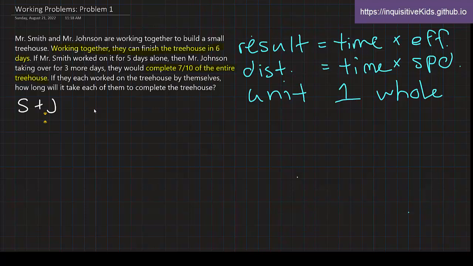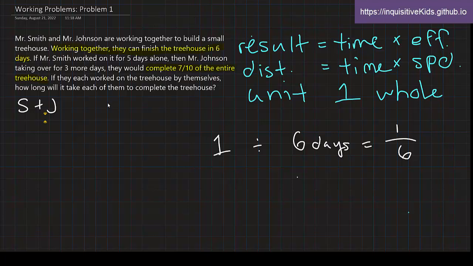So we know that added together, they can finish the treehouse in 6 days. So in here, 6 days is the time, and 1, right? We already said our unit 1 whole. That's the entire treehouse. That's the result. So their speed would be 1/6, right?